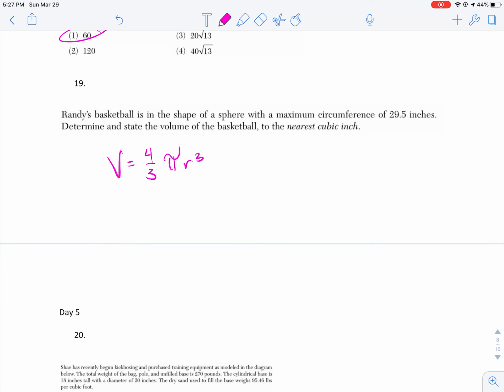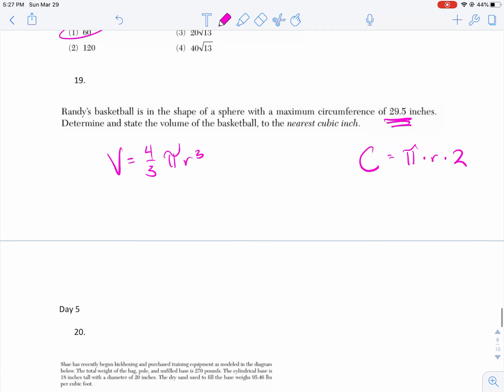Okay? So the volume of a sphere is 4/3 pi r cubed. Okay, so we don't know what the radius is. They give us the circumference, and so we can find our radius just by kind of backtracking. So the circumference of a circle is C equals pi times r times 2. In this case, our circumference is 29.5, equal to pi times r times 2.